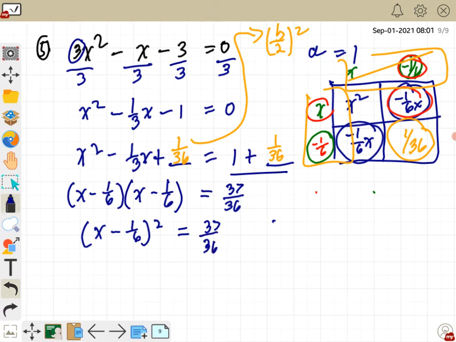Okay, so after that we extract the square root. We simply extract the square root. So we have x minus 1/6, and we may actually turn this into decimal.